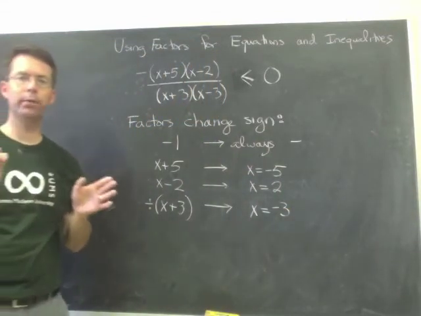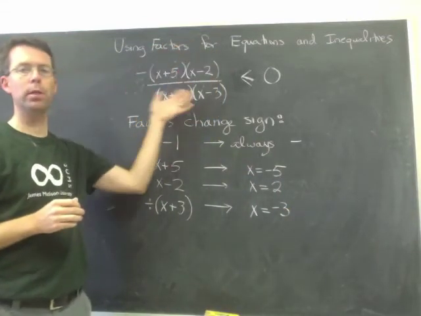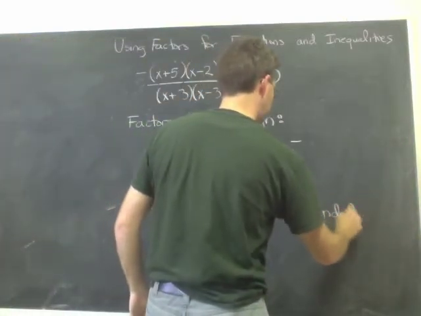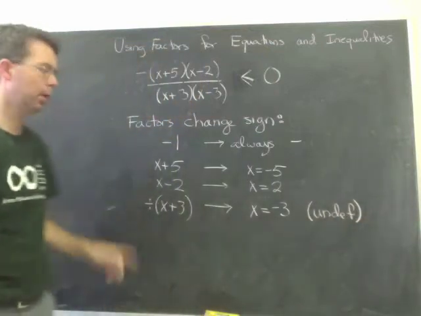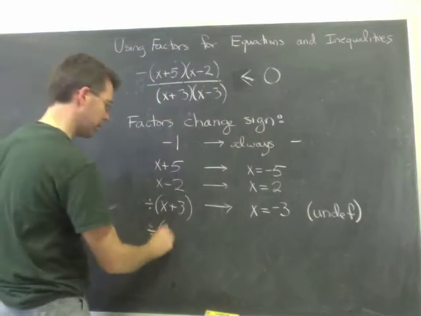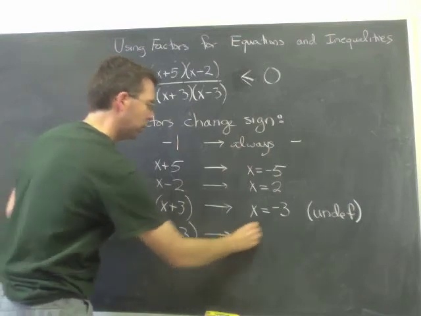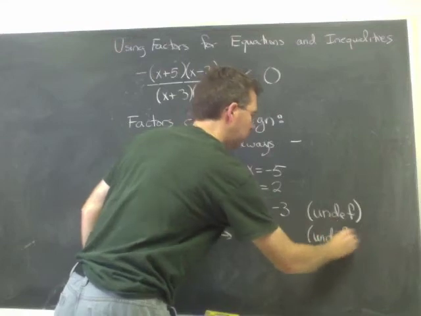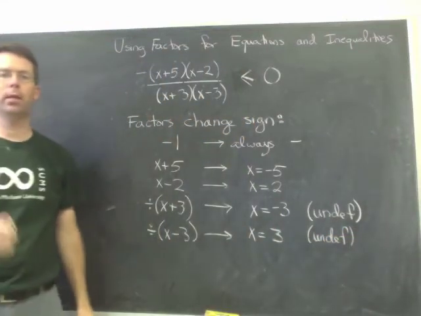And if I plug negative 3 into my formula, the formula is not defined. So this is an undefined point. Similarly, the factor that comes from dividing by x minus 3 gives us a second undefined point.